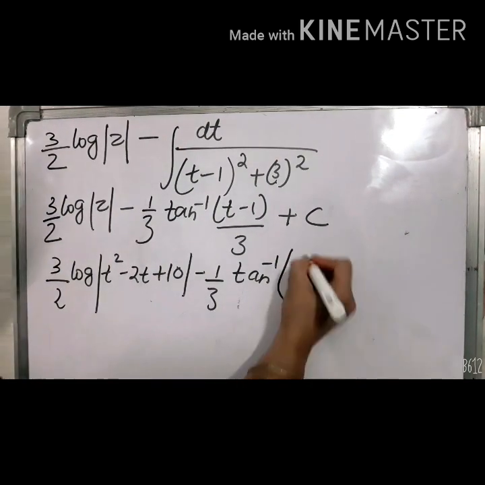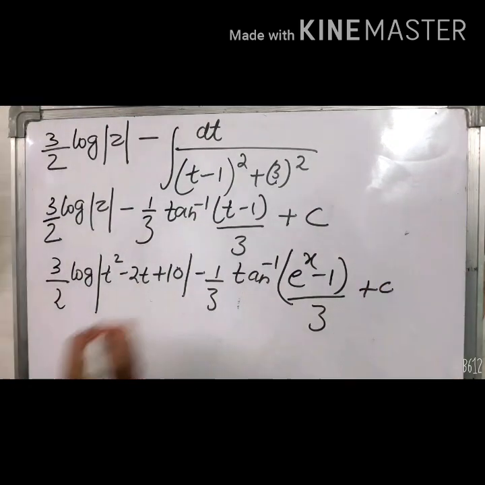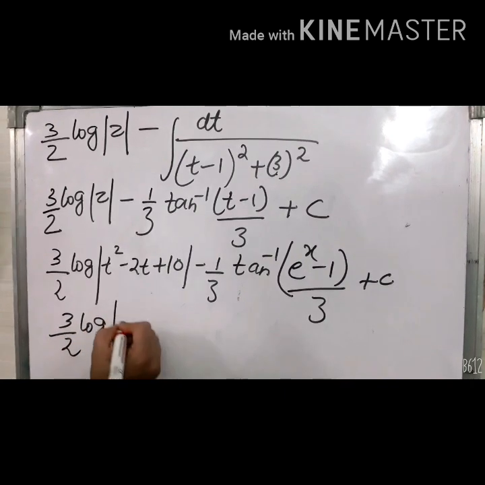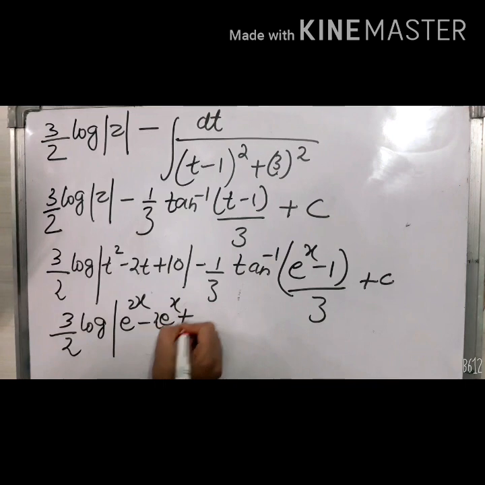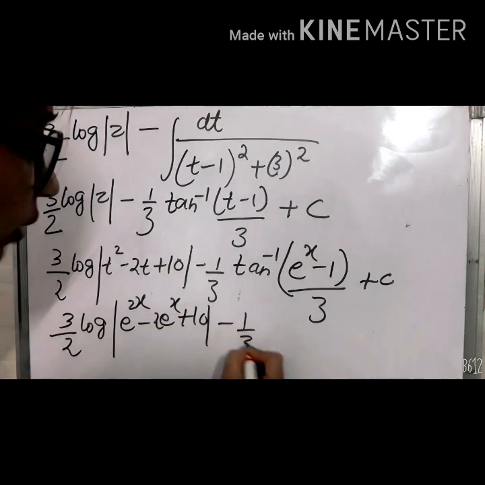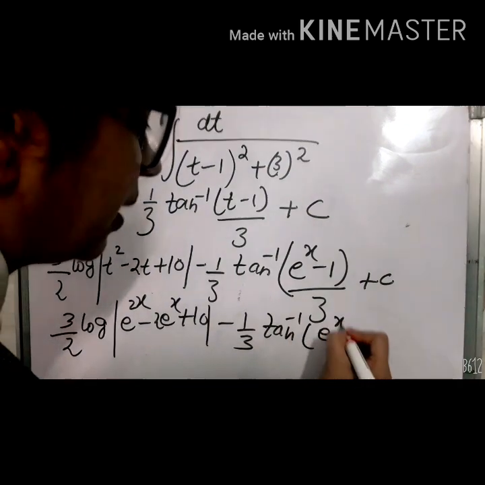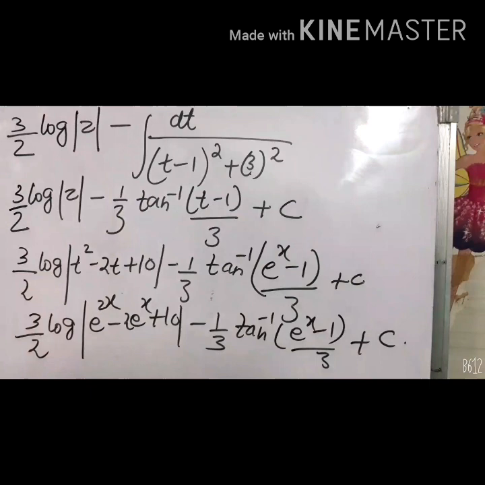It was e to the power x, minus 1 by 3, plus c. Again, because here also I need to put the value, it becomes e to the power 2x minus 2 e to the power x plus 10, minus 1 upon 3 tan inverse of (e to the power x minus 1) by 3, plus c. This completes the answer.